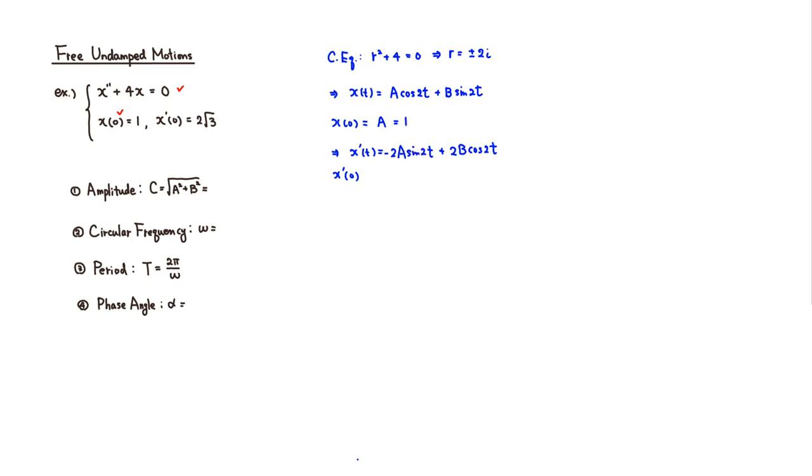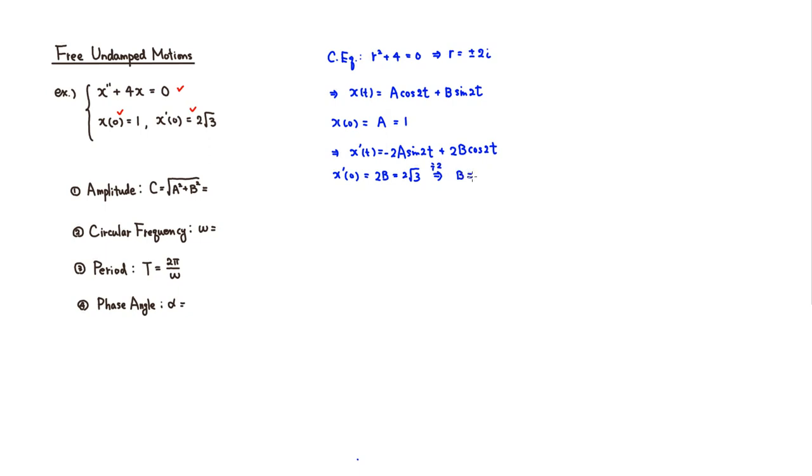So if you plug in t equals 0, sine of 0 is 0, so it goes away. Cosine of 0 is 1, so you have a 2b here. And we're supposed to get 2 square root of 3 using the second initial condition. By dividing through by 2, we can get the b value.